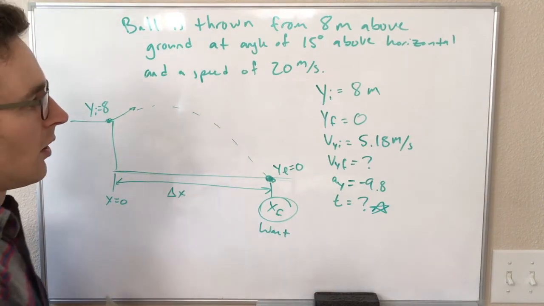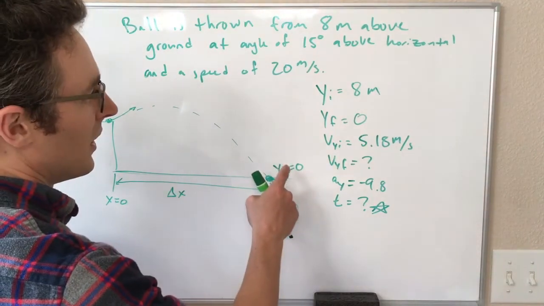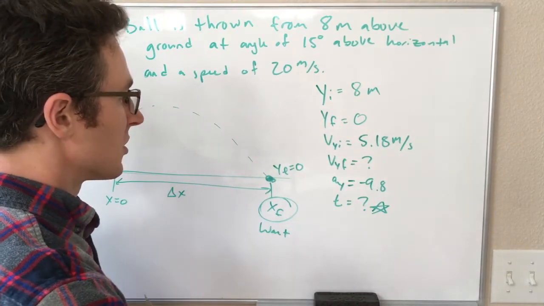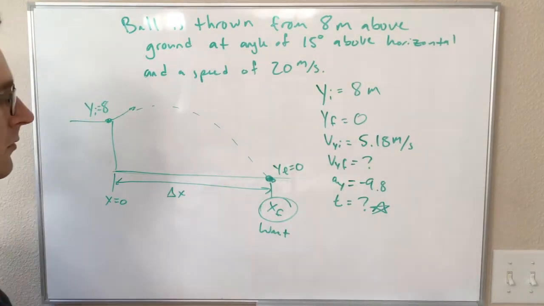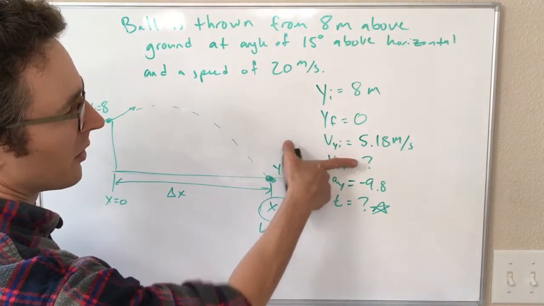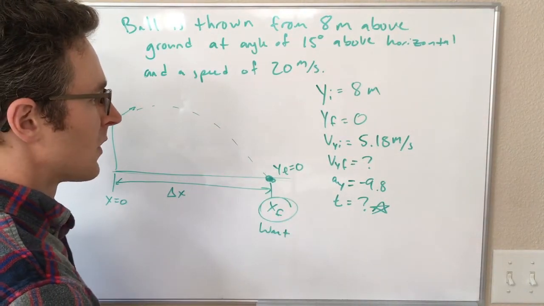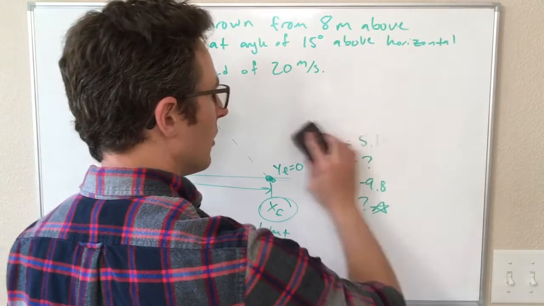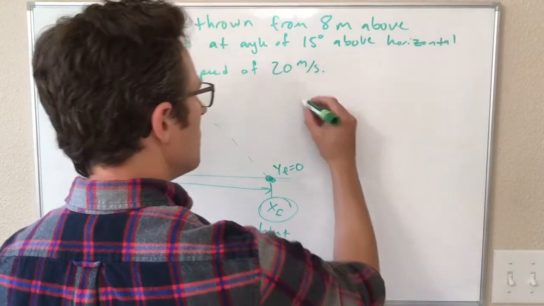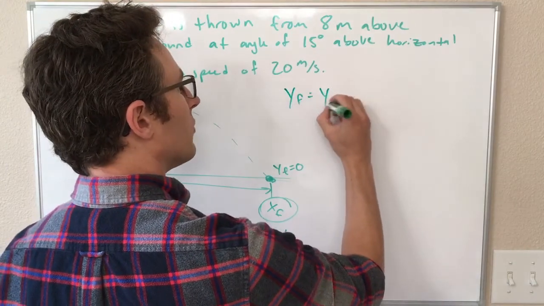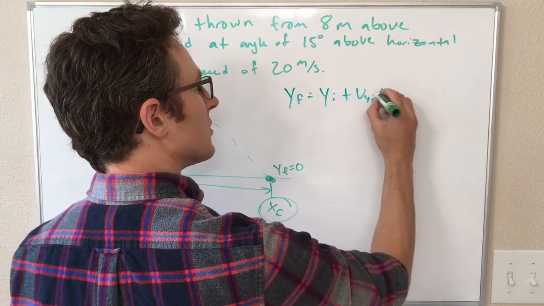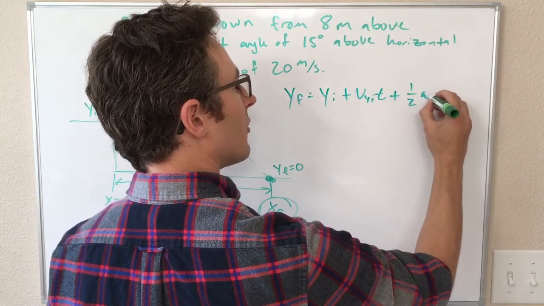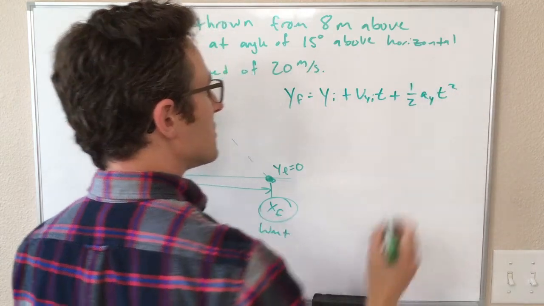Okay, so again, we're going to want to use the position equation. You can, again, look at your equation sheet and justify that to yourself, but vy final is not important here. We don't care about it. So let's do that. We know all those values. So y final equals y initial plus vy initial t plus 1/2 a t squared.